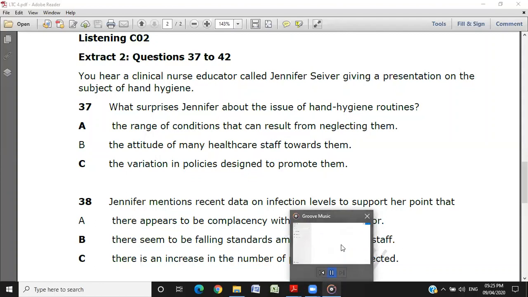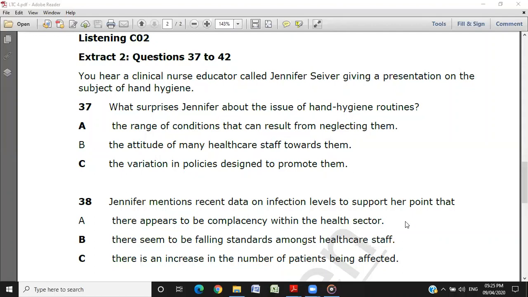I'm a clinical nurse educator and I'm here today to talk about something very familiar to us all. It's a routine that can potentially save numerous lives and one that we've all been taught since we were toddlers: hand hygiene. This is described by many healthcare workers as possibly the single most important tool in preventing the development of healthcare-associated infections between patients.